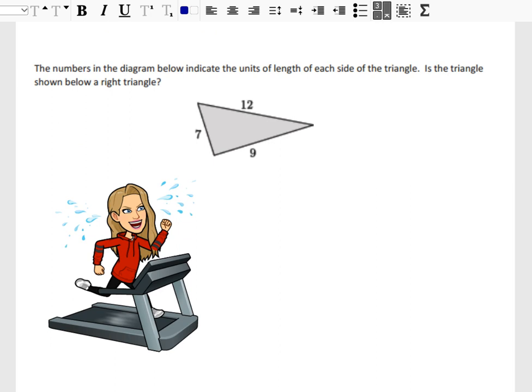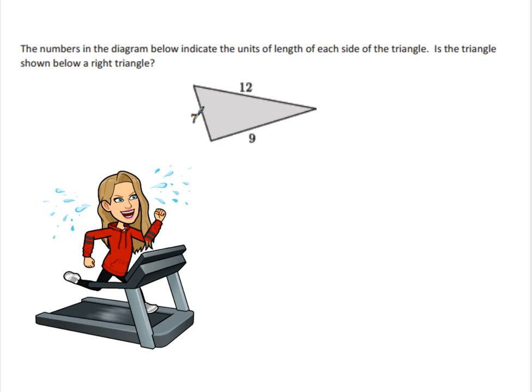Okay, one more example. Let's take a look at this one. Again, looking at it, yeah, looks like a 90-degree angle, but we're going to use the information we're given, and we're actually going to test that theorem. So let's do our A and our B. We have 7 squared plus 9 squared equals 12 squared.